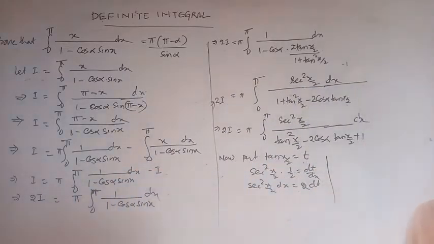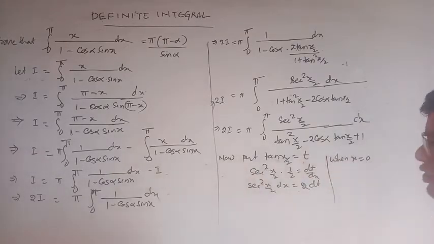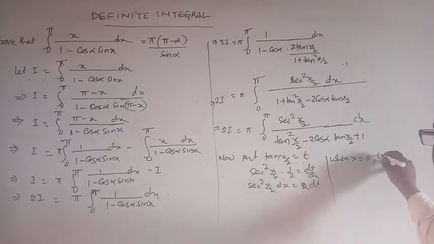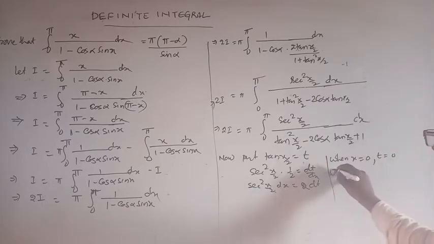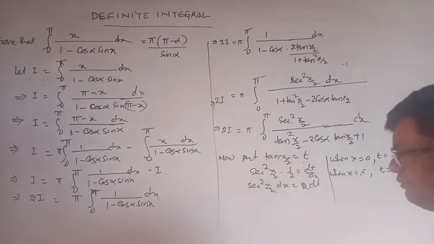When x is equal to 0, t is equal to 0. When x is equal to pi, t is equal to infinity.